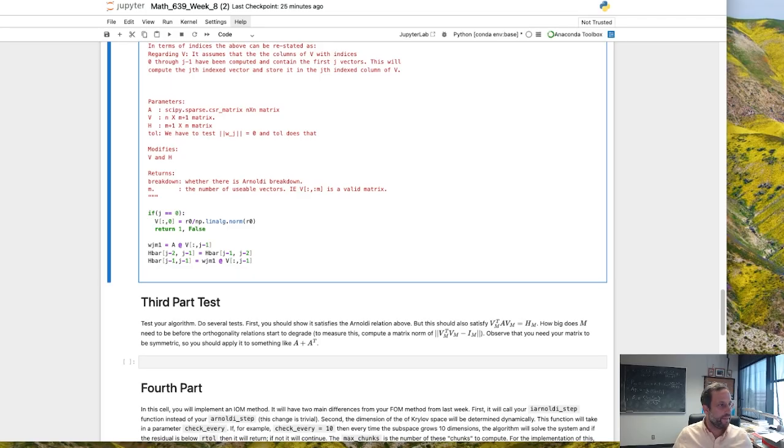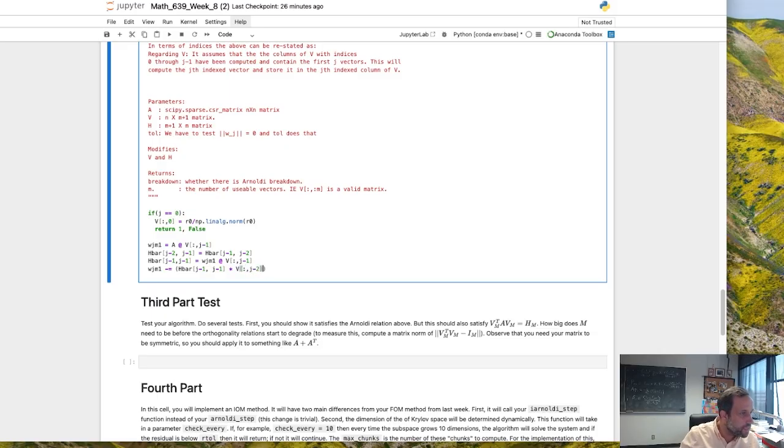Anyways, now what we need to do is subtract off the projection of wj minus 1 onto the previous two vectors. So we're going to say wj minus 1 minus equals h bar j minus 2, j minus 1 times vj minus 2, like this.